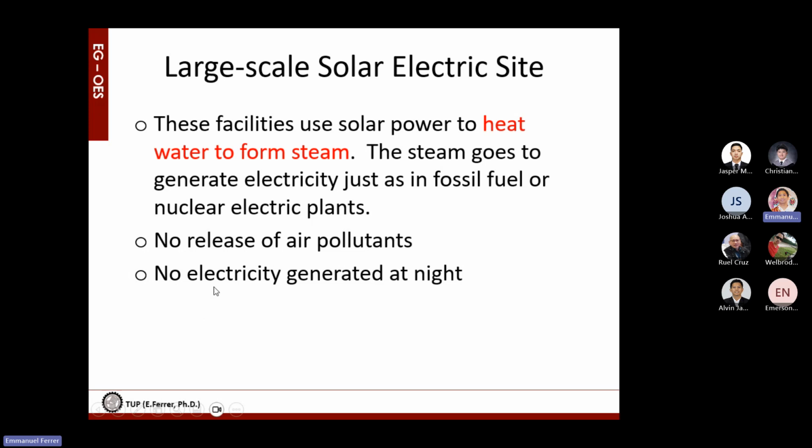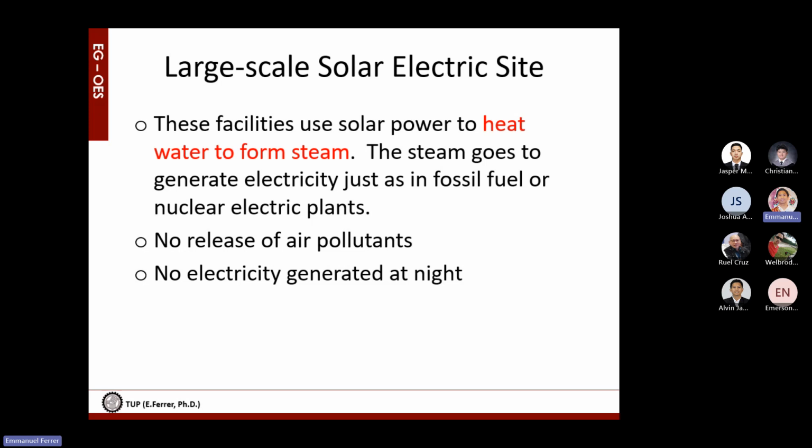Advantages, of course, you don't release any air pollutants kasi it's not from combustion. Okay, but drawback, of course, is that you can't produce electricity at night. So, meron siyang additional cost, 'no, through putting up energy storage systems. So, for solar photovoltaics, typical yung battery.